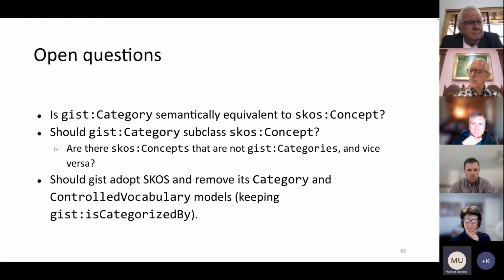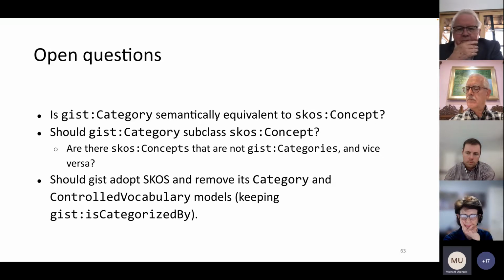So I think we should not equate SKOS concept with just category. One thing related to this is some people say, oh my gosh, if I start using SKOS, then everything is inferred to be a concept. That kind of used to bother me a little bit. Oh, is it a SKOS concept or isn't it? But I think it's maybe not really a problem, any more than everything gets inferred to be an owl:Thing. So what? Nobody's really going to run that inference. It's not going to hurt you.